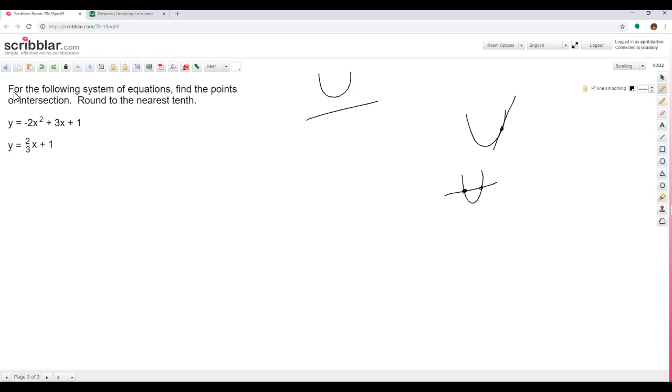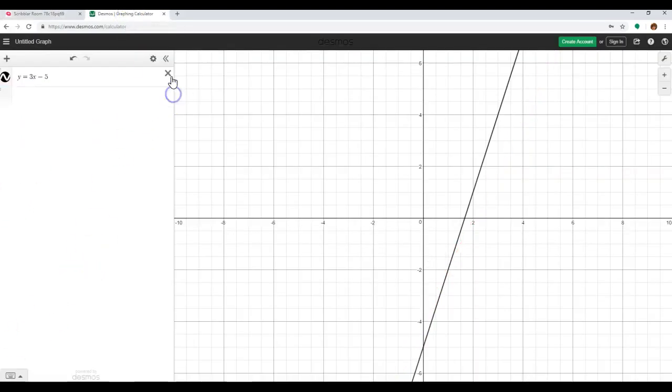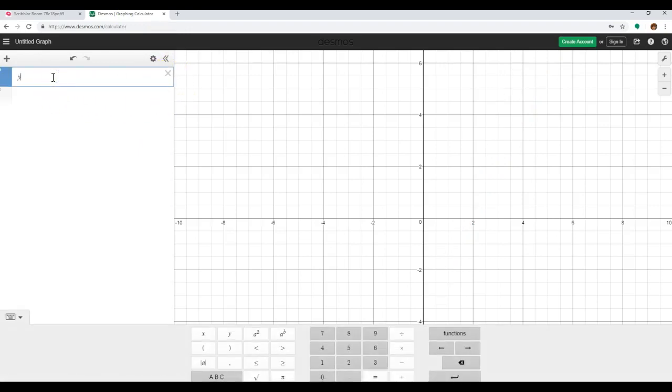So again, it's just phrased a little bit differently, but it says for the following system of equations, that's our keyword, find the points of intersection. They want us to solve this and round to the nearest tenth. So once again, we go to the graphing calculator and type them in. I'm going to get rid of my other ones by hitting the x, and I'm going to type in y equals x squared.